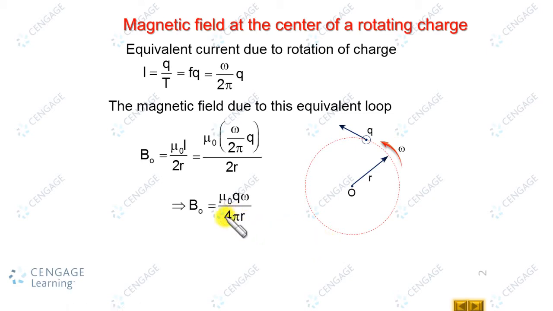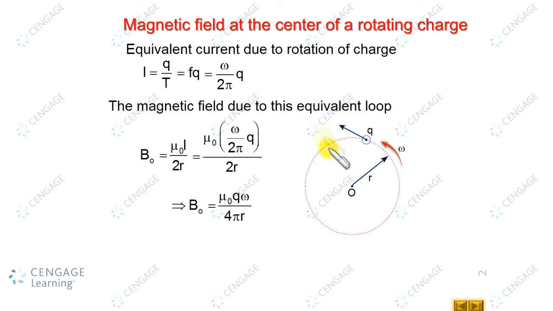Now one question arises: if instead of a point charge, a ring having charge small q rotates in the same style, that is the same angular velocity, and the ring has the same radius small r, in that case also we will get the same result, because of the charge crossing any section.